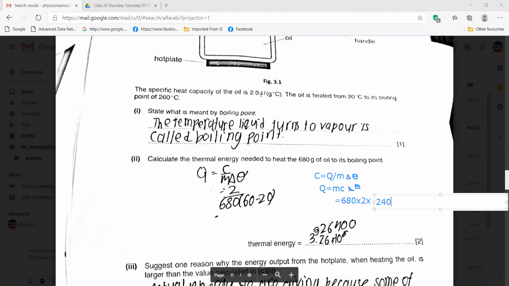If they give kilojoule, you give kilojoule. Now they gave you joule, so you write only joule. Energy is always in joules, but it will never be joule per gram. Joule per gram means you are dividing energy by mass. That comes in specific latent heat. Is it clear? Yes, sir.